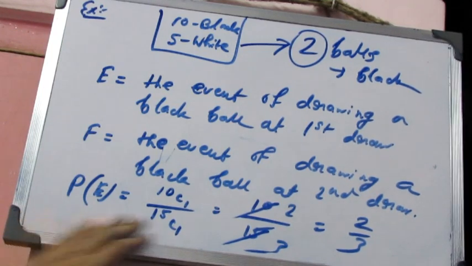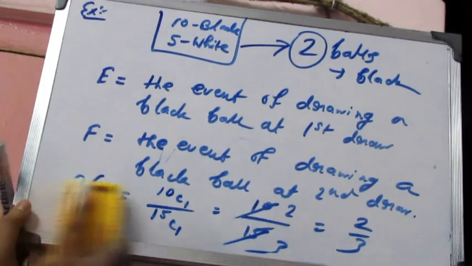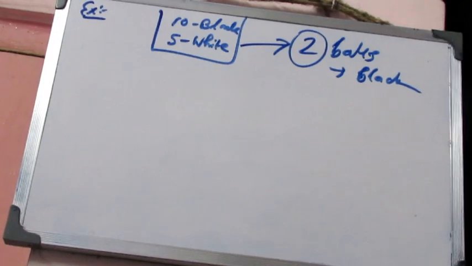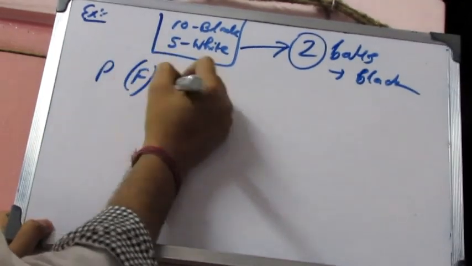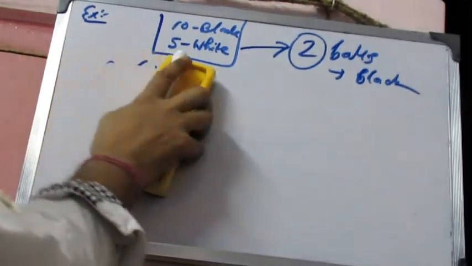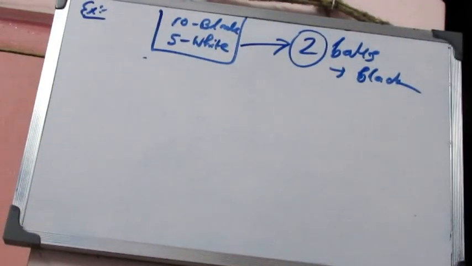So probability of E equal to 2 by 3. Basically we have to find probability of E intersection F, because we have to finally find P of F condition that E.